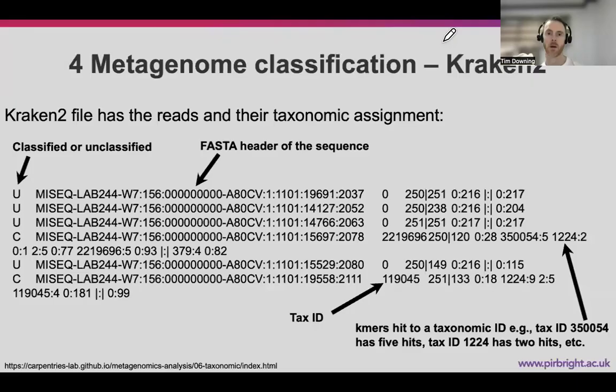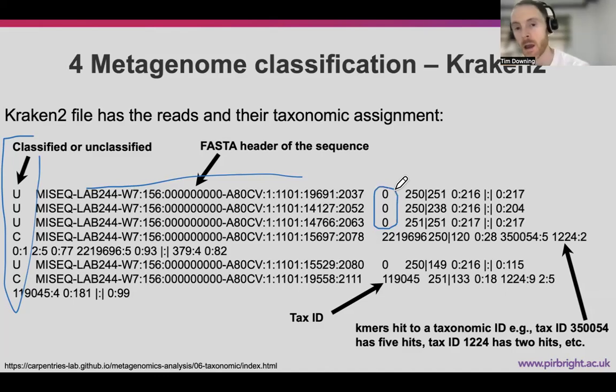Note that this takes some time, and then we look further at what output we get from the actual Kraken report itself. What we can see from the output is that we have reads that may be classified or unclassified. The reads have a header associated with them and will have no taxonomy ID for the ones that are unclassified, but for ones that are classified, there's a taxonomic identifier associated with that. Some may be very long if they're a species, or shorter if they are at a higher level of the taxonomy.